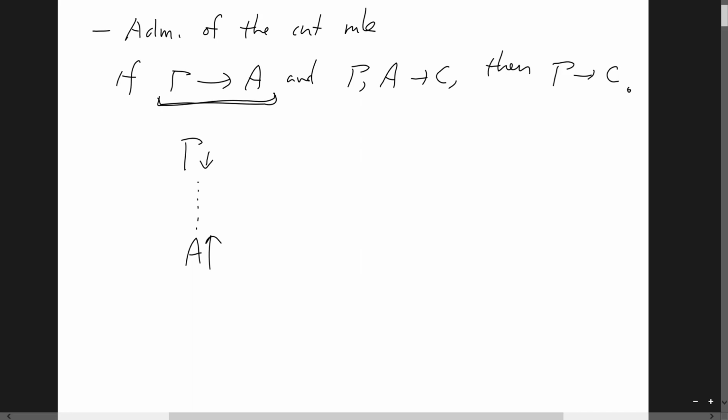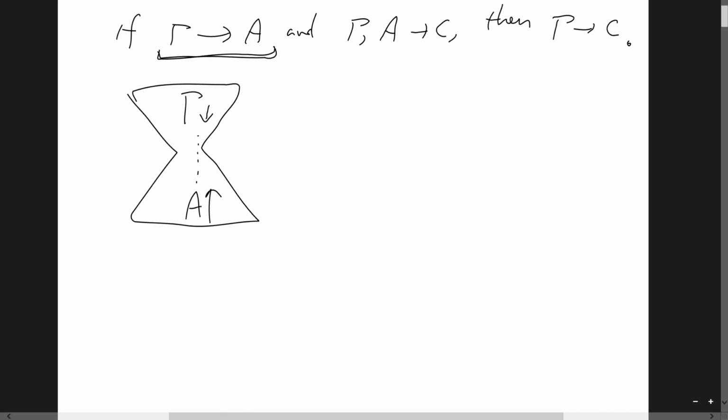So we have this hourglass. And what's the meaning of this sequent? This sequent means in the presence of gamma down arrow and A down arrow, we can prove C up arrow.